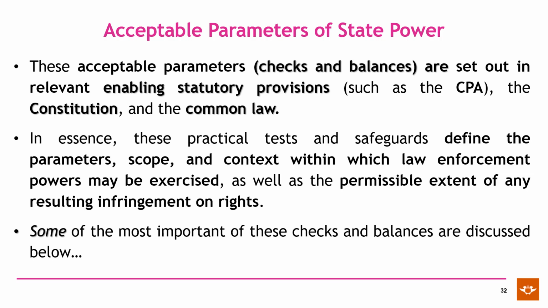Now, let's turn our attention to some of the most important of these checks and balances. If we understand that these checks and balances play a very important role in limiting the context within which powers are exercised and the extent of that power so that it doesn't unnecessarily infringe on rights, let's talk about some of the most important checks and balances that achieve this purpose in the context of criminal justice.